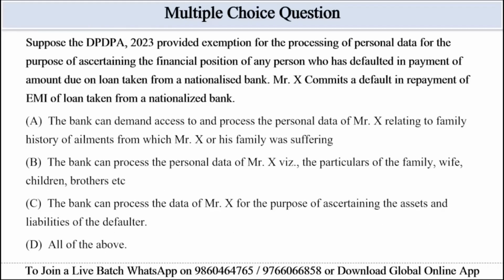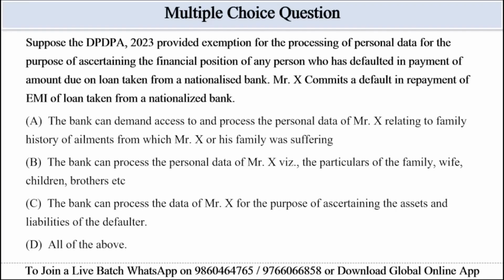Next question is, suppose the DPA 2023 provided an exemption for the processing of personal data for the purpose of ascertaining the financial position of any person who has defaulted in payment of an amount due on a loan taken from a nationalized bank. Mr. X commits a default in repayment of the EMI of a loan taken from a nationalized bank.